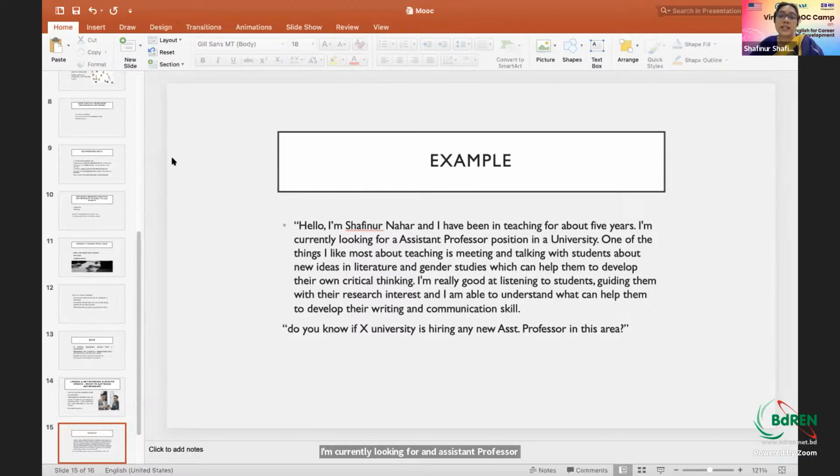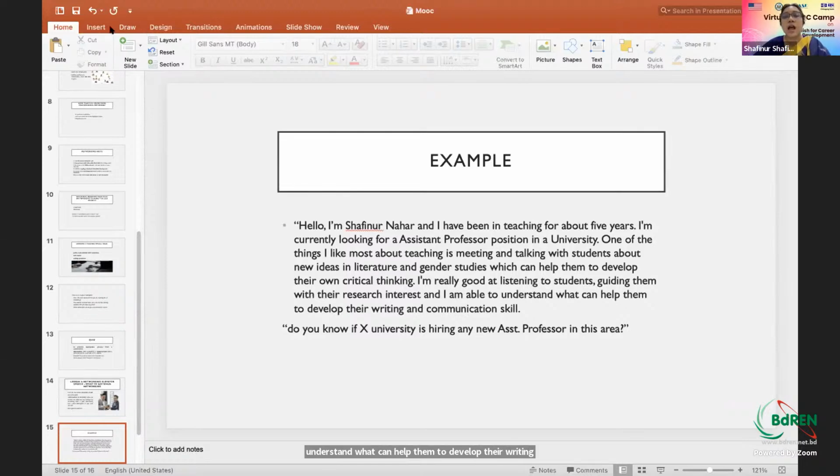One of the things I like most about teaching is meeting and talking with students about new ideas in literature and gender studies, which can help them to develop their own critical thinking. I'm really good at listening to students, guiding them with their research interest, and I'm able to understand what can help them to develop their writing and communication skill.